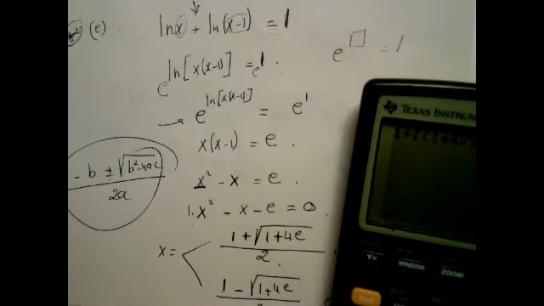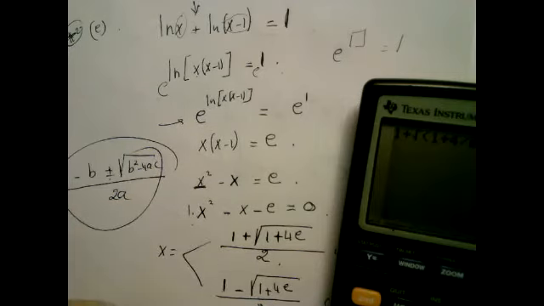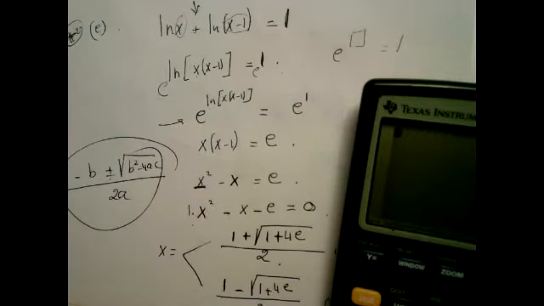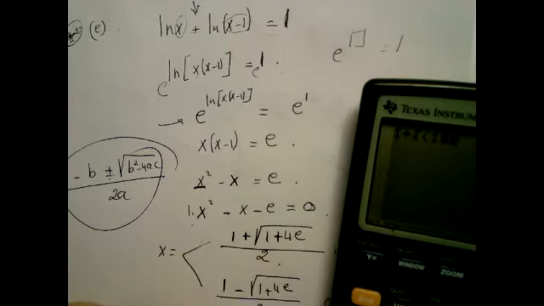So it's 1 plus the square root of 1 plus 4e, divided by 2.